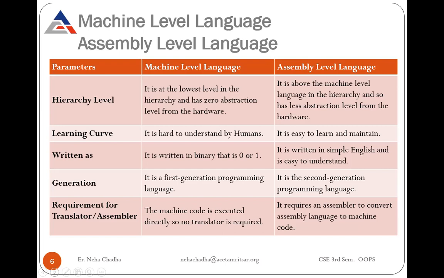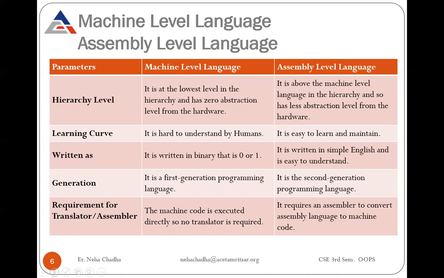If we talk about assembly level language, the processors you are using in your computers use assembly level code. All the companies use assembly level language for making their processors. By generation, machine level language is the first generation language and assembly level language is the second generation language.